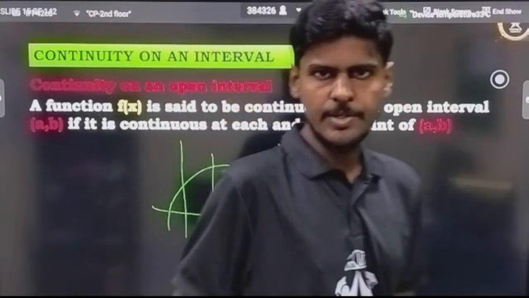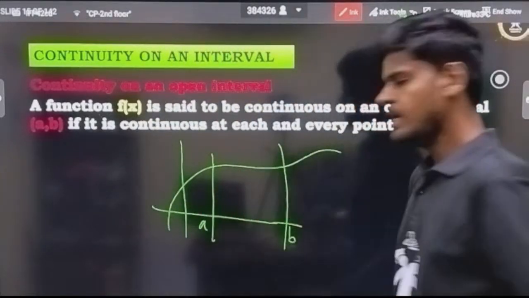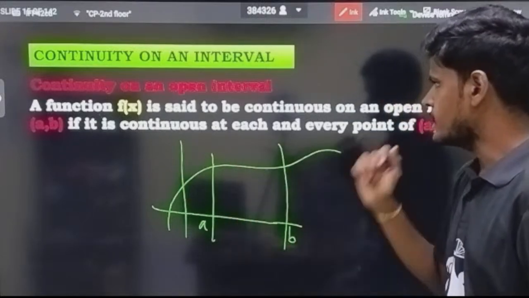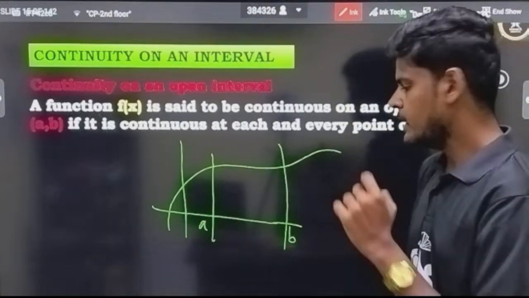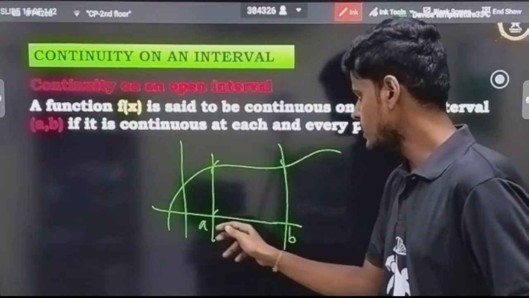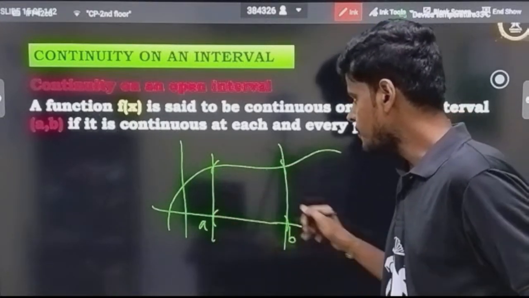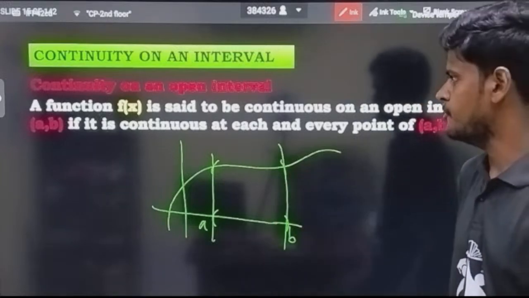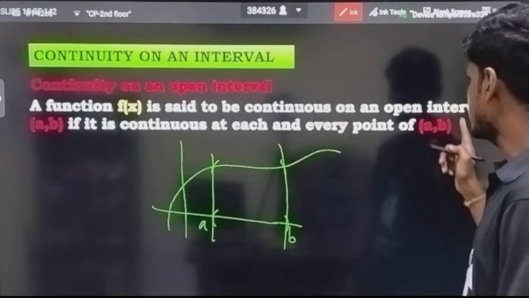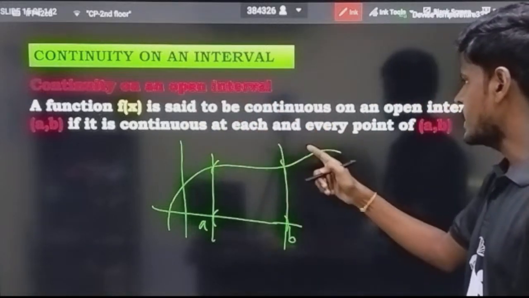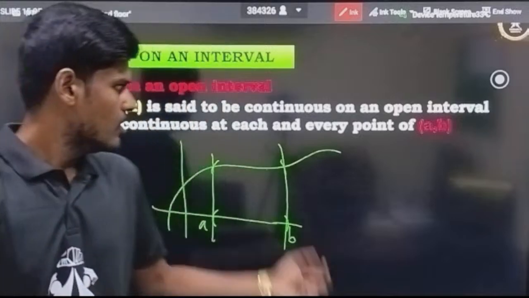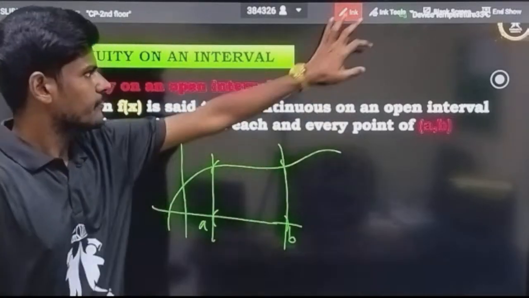Obviously it is continuous, because between A to B at all points this is a continuous function. So continuity in an open interval means excluding these two values, excluding A and B, at all other points we have to check the continuity of the function. So a function is said to be continuous in an open interval if it is continuous at each and every point in the given interval, that is, the open interval (A, B).